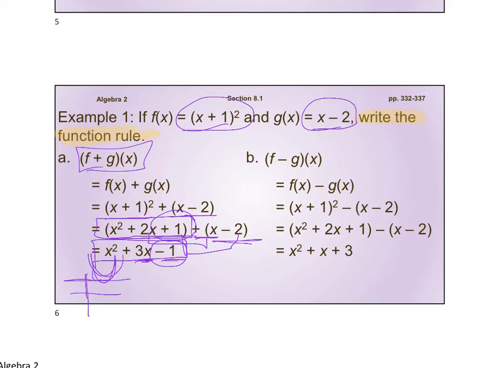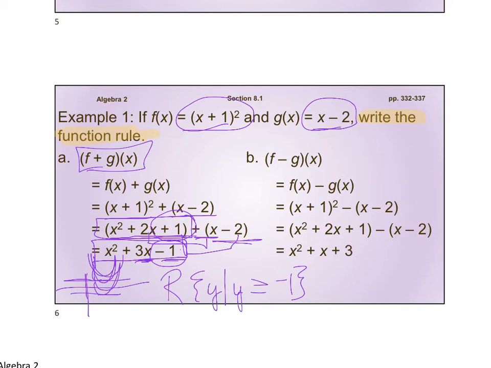So I would then subtract 2 from it, so that makes minus 1. So now my minus 1 is my range. So my range is all y values such that y is greater than or equal to -1. So that would be my range for A.